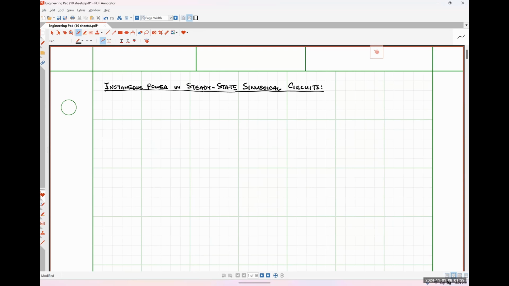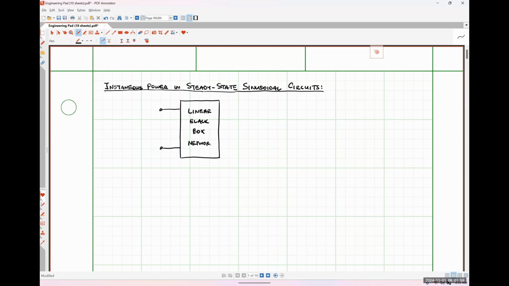So let's say that I have a network. Going back to our good old black box network that we've used for every generic thing. And we are going to assume, once again, that this is a linear black box network.